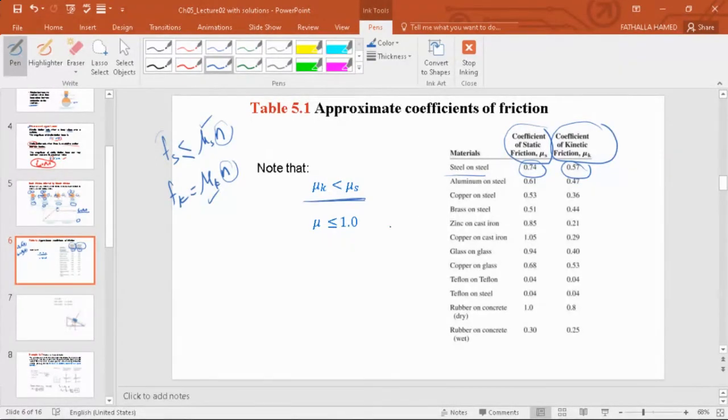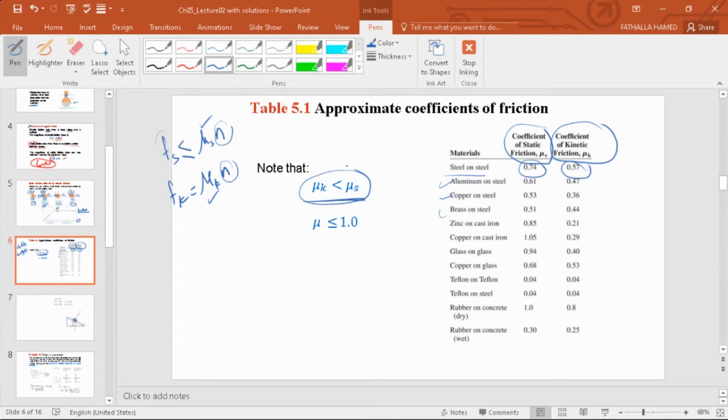The table here gives you the different coefficients of static and kinetic friction between different materials. For example, aluminum on steel, copper on steel, brass on steel, zinc on cast iron, and you move down like this. These are the coefficients of static friction, and these are the coefficients of kinetic friction, but always the coefficient of kinetic friction is less than the coefficient of static friction.